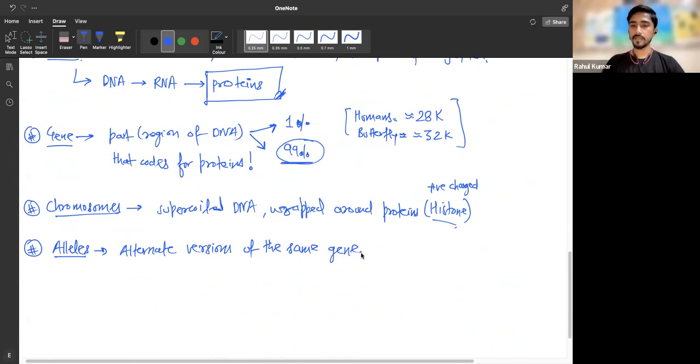There can be 2, 3, or more alleles. It's not that there will be only 2 alleles for each gene. There can be more than 2 alleles. So alternate versions of the same gene, they are mostly 2 or more than 2.